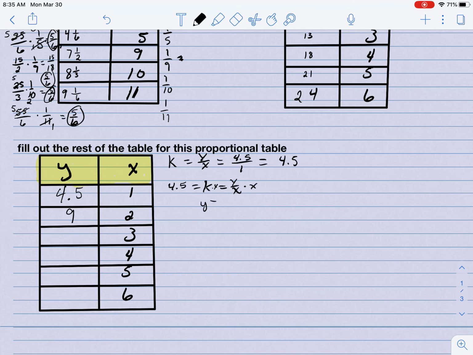So then we're going to be left with y equals x times k. And so now we can just plug in. So y equals, when x is 3, we multiply that by 4.5. And 3 times 4.5 is equal to 12 plus 1.5 would be 13.5.